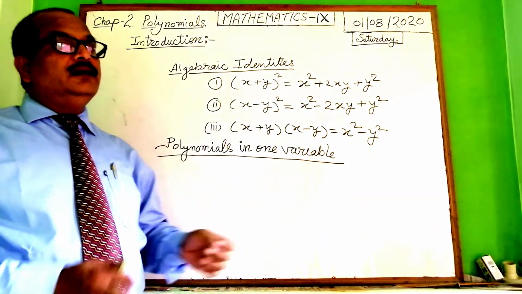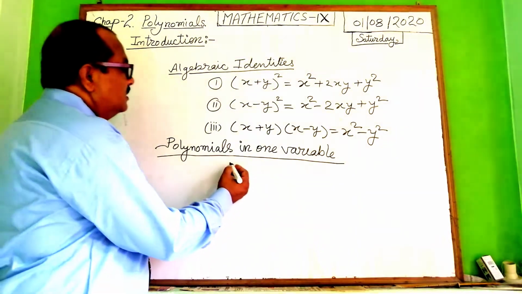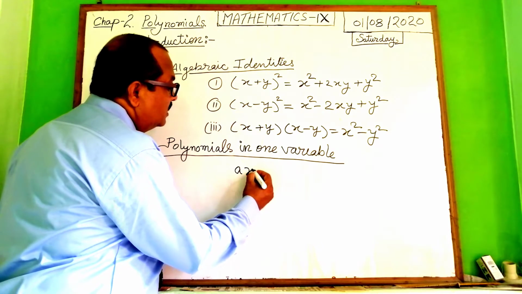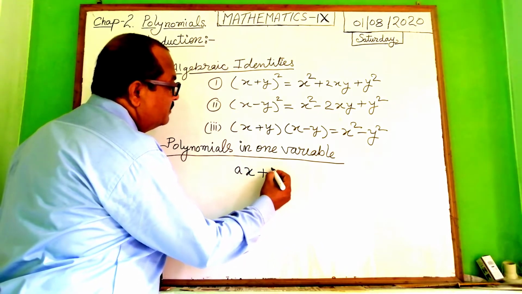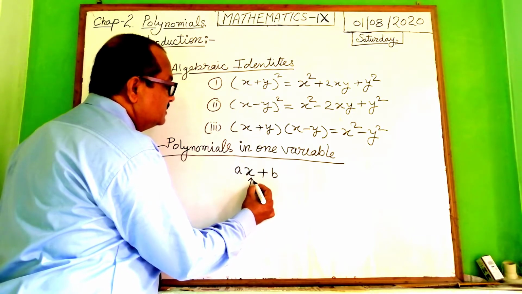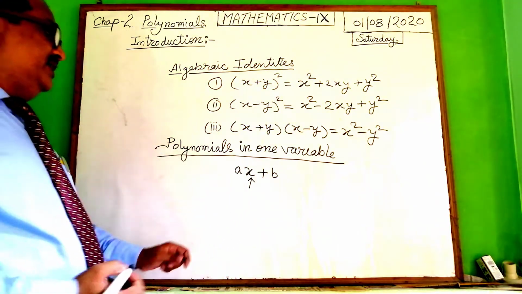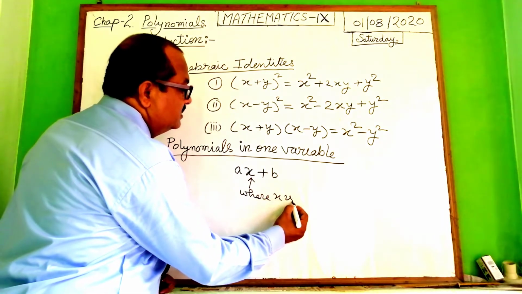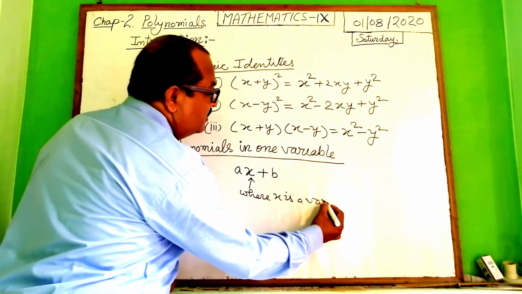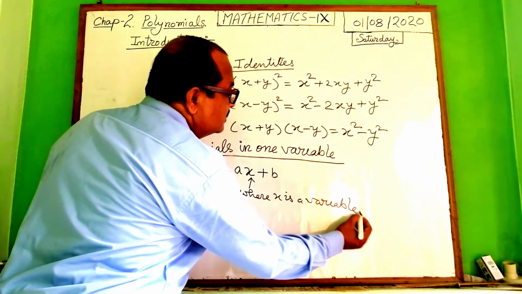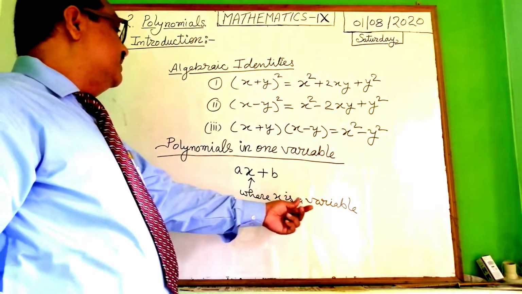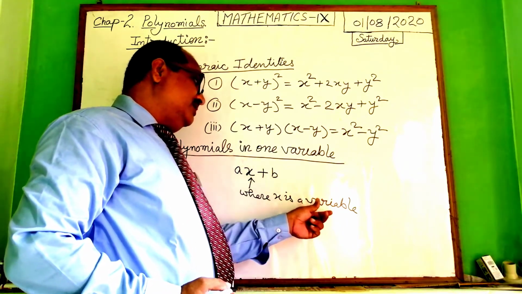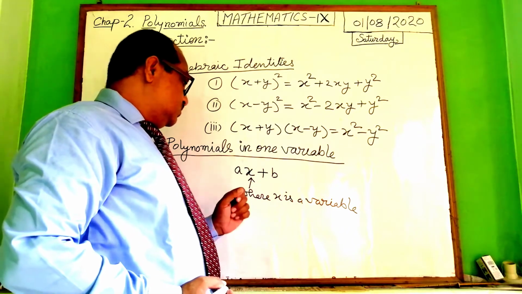You know, in any algebraic expression, you know the variable in algebra. Here x is a variable. As its word says, vary, the value of this x can vary for this situation.